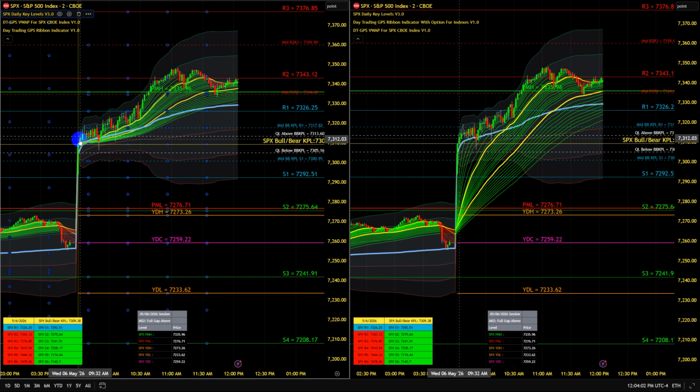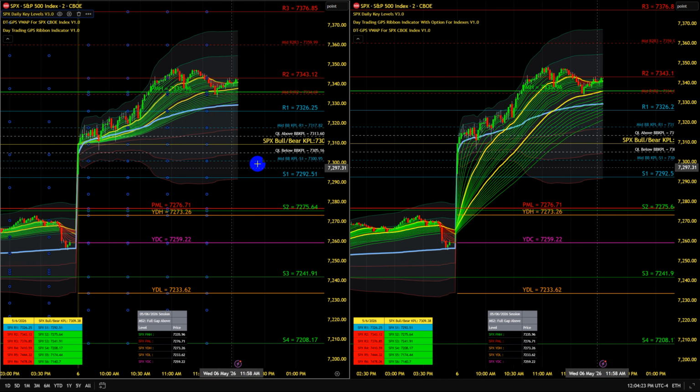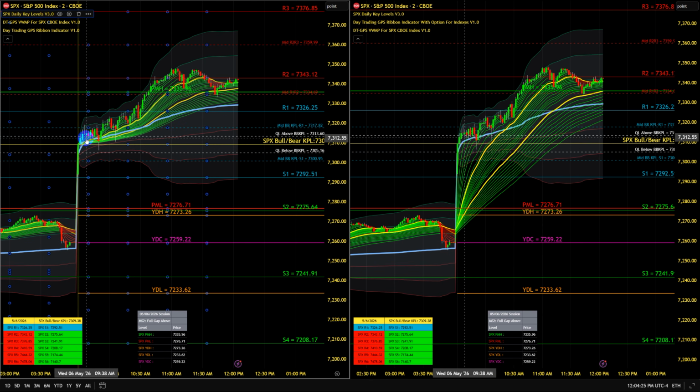which is going to be the 9:32 a.m. candle. Now you also could do the 9:34 a.m. candle as well if you happen to miss this one, and you also have these candles here. These candles that follow, starting with the 9:32 a.m. candle, are giving confluence not only from a close above the bull bear key price level, but also in that the ribbon is green on both ribbons, filter on and filter off.